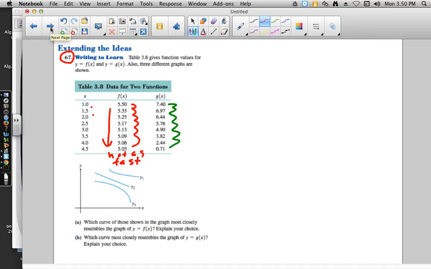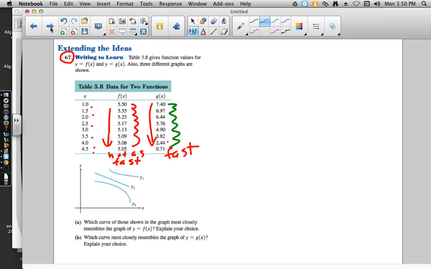And I'm making sure that these are always going by the same interval. So that's always going by an x increase of 0.5. And g of x, well, this one seems to be going down a lot faster. Look at the difference between 2.44 and 0.71. So I'm going to label that as the faster decrease there.